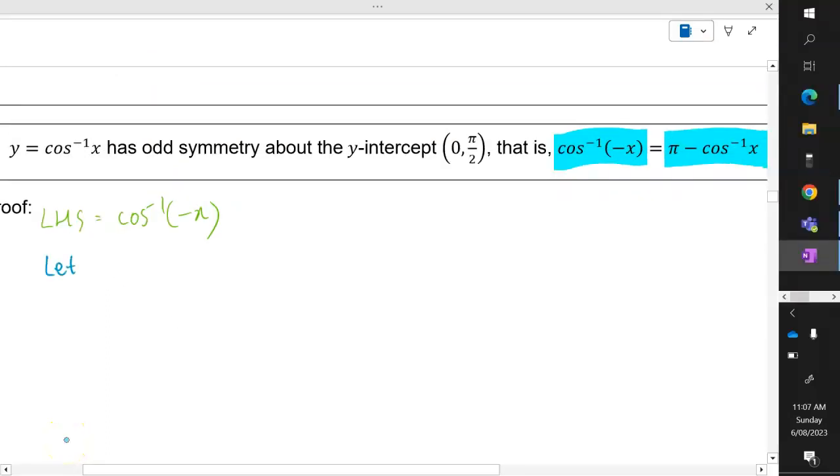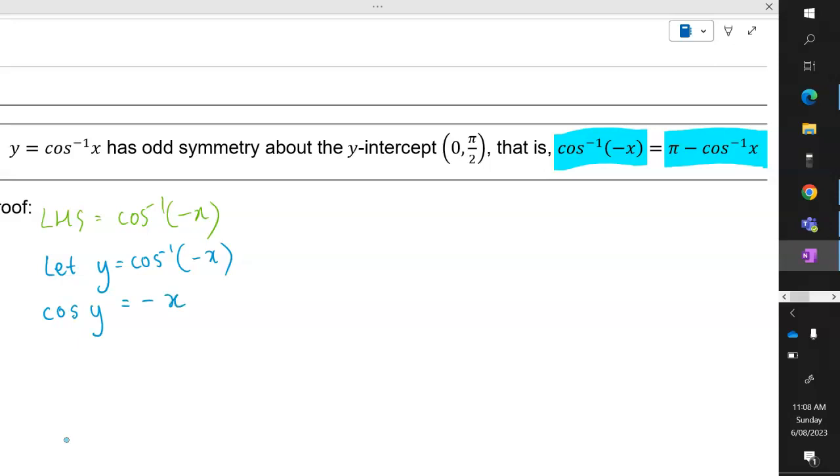So I'm going to let y be equal to cos inverse of minus x. I can also write that as cos of y is equal to minus x. And remember that with our restricted domain and ranges in here, our restricted range is that y is between 0 and pi.